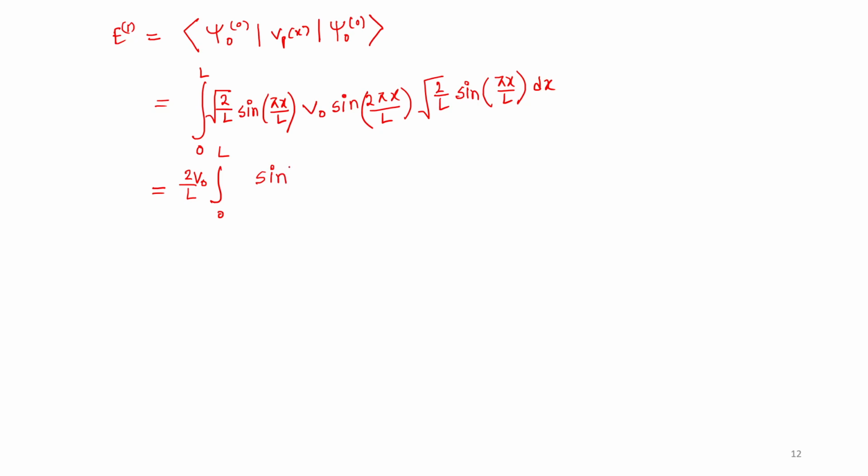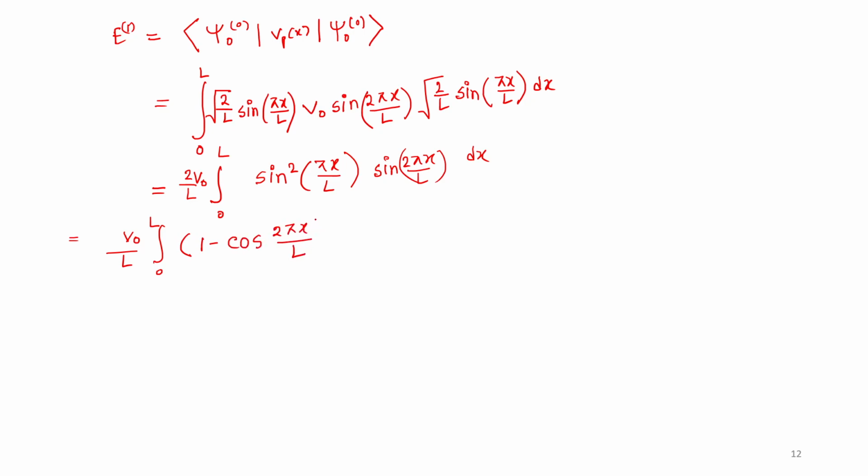We have sin square pi x by L with sin 2 pi x by L also, and dx. Now we know sin square is, I can take this inside and I have 1 minus cos 2 pi x by L, right? Sin 2 pi x by L dx.